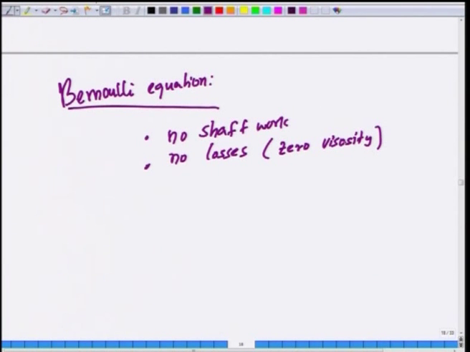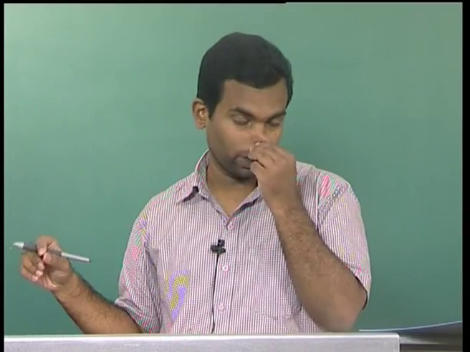It works only for an inviscid fluid, a hypothetical fluid with 0 viscosity, and we try to apply that energy balance to a stream tube and then shrink it to a streamline. So the Bernoulli equation is valid essentially along a streamline and for an inviscid fluid.